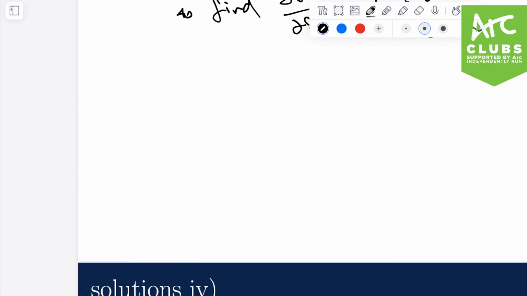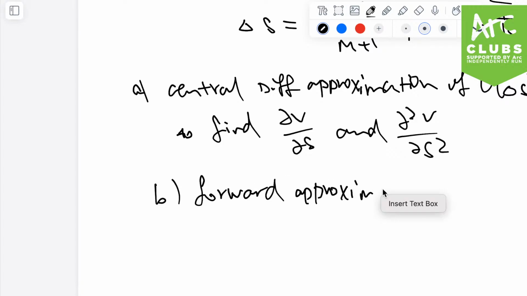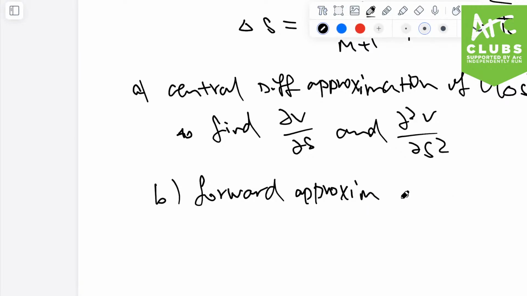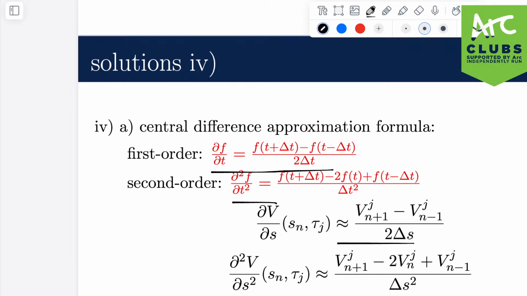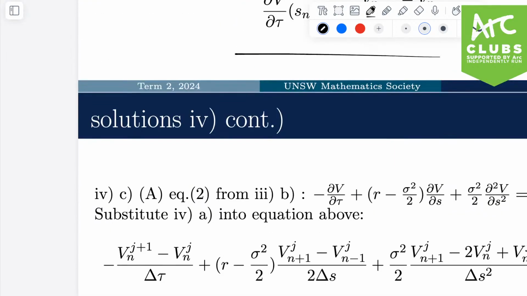Part B just asks us to use the forward equation. Sorry for just letting you guys watch me write here. But again, it's just what we have on the lecture slide.